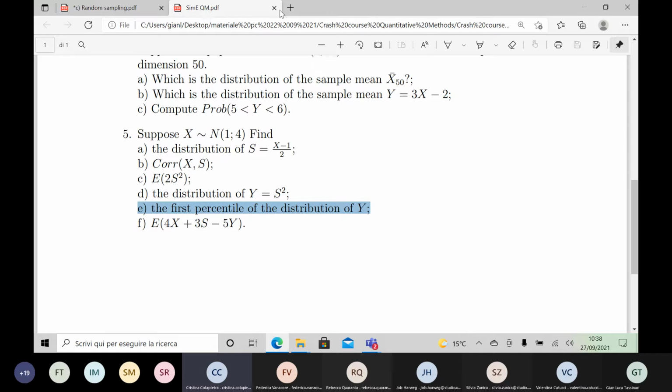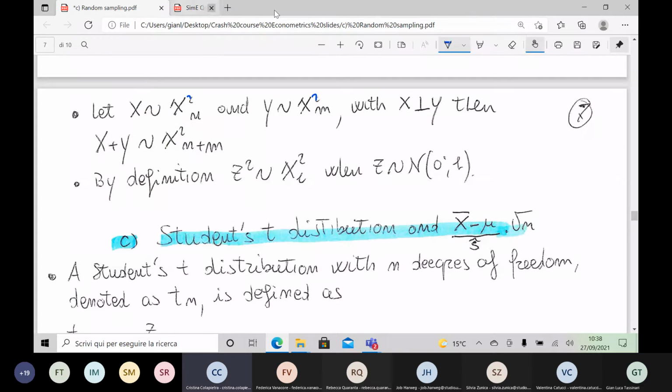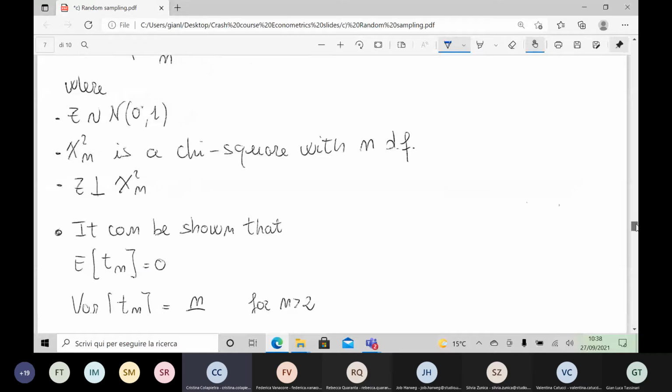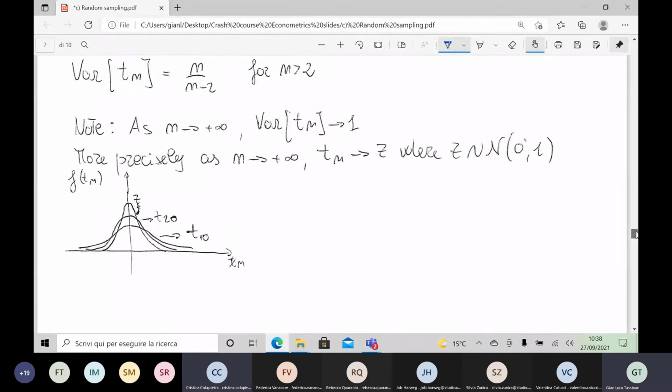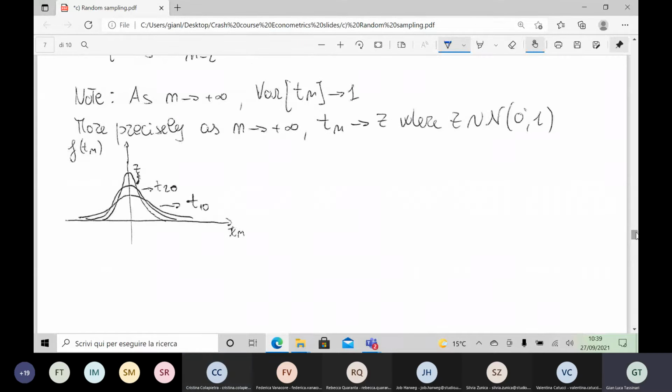I sent you a photograph in the email, my solution. If you sent me the solution, I can tell you where you made the mistake, if you did. Send me a scan, otherwise we read it together.